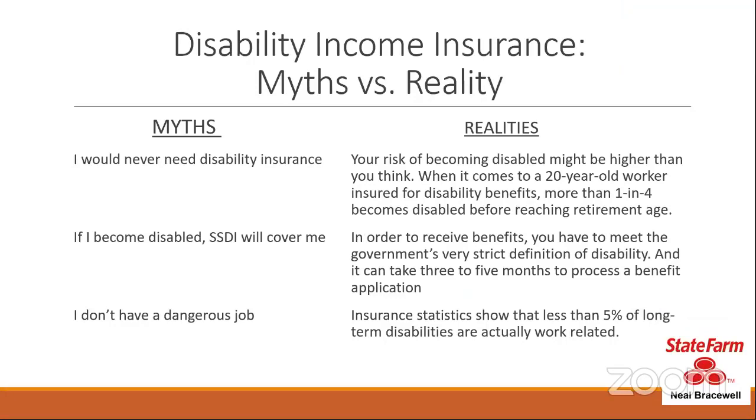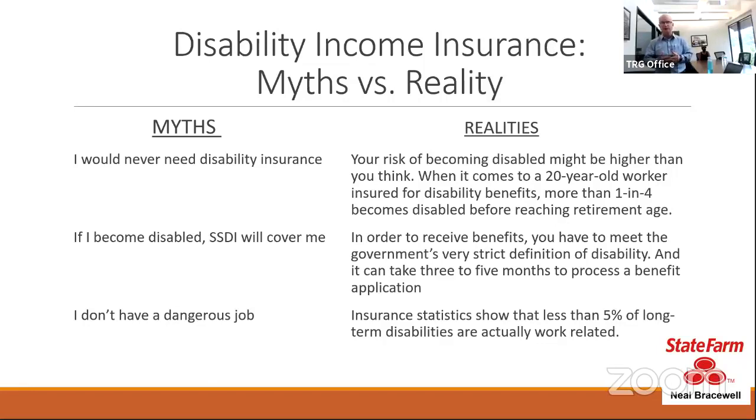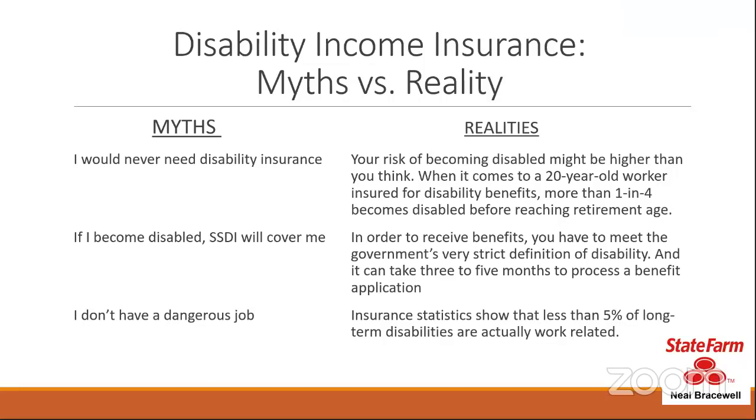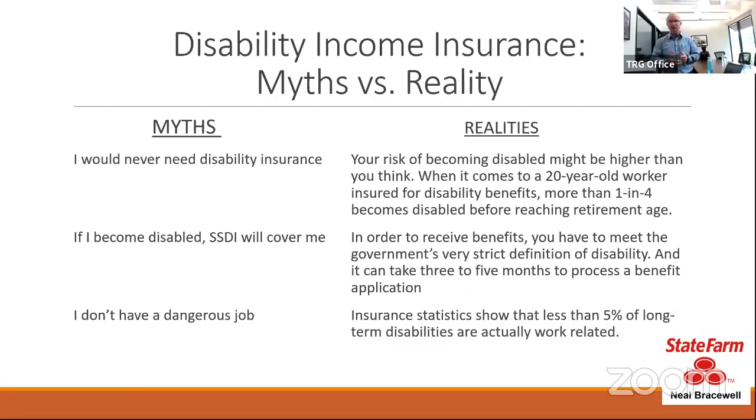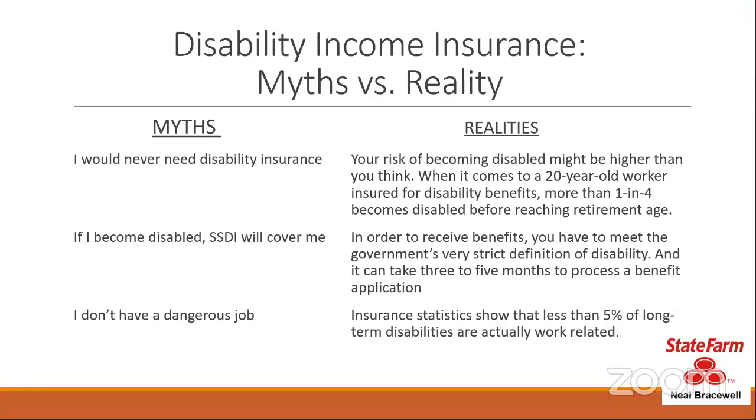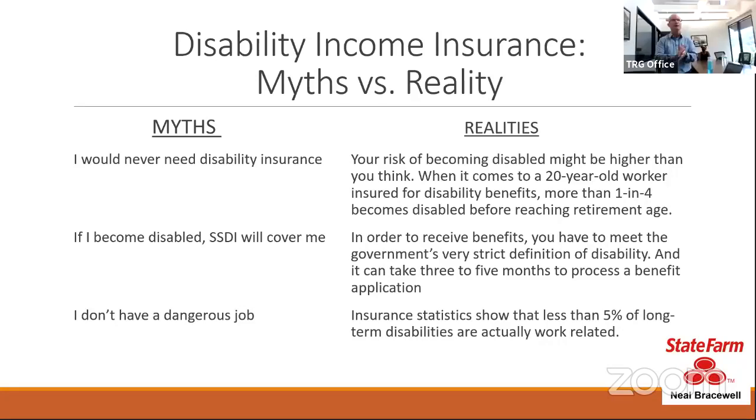There are a lot of myths about disability insurance. A lot of people go, I'm a realtor, there's nothing dangerous in my job, I would never need it, Social Security is going to take care of me. So those are things to think about. Well, the first thing is people say, I would never need disability insurance. Well, the risk is a lot higher than you may think.